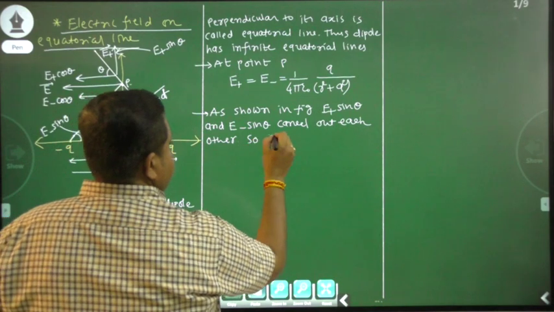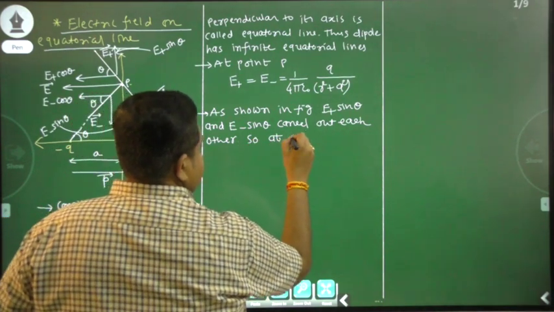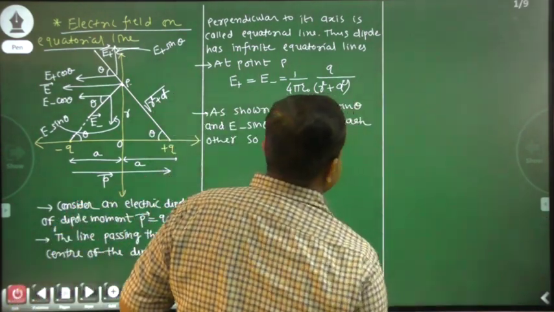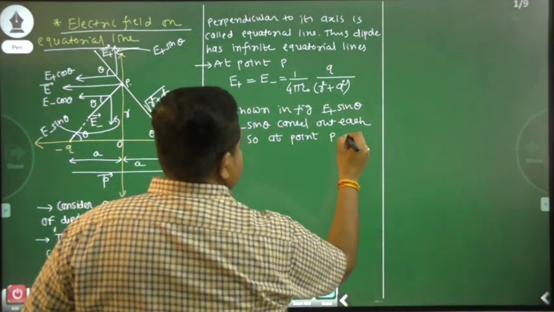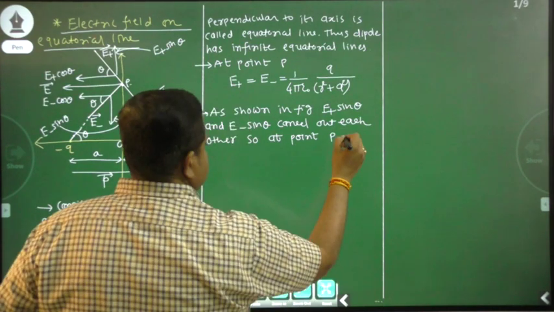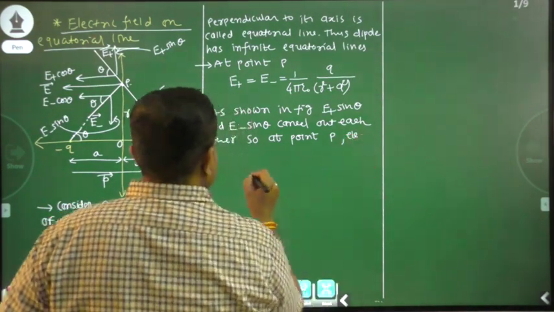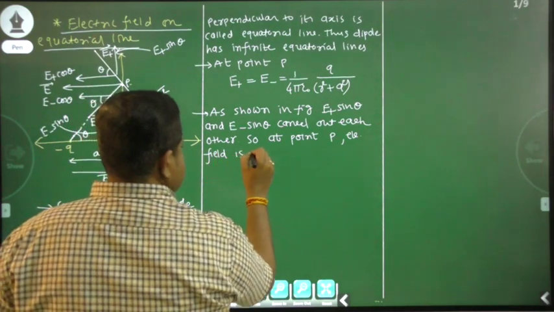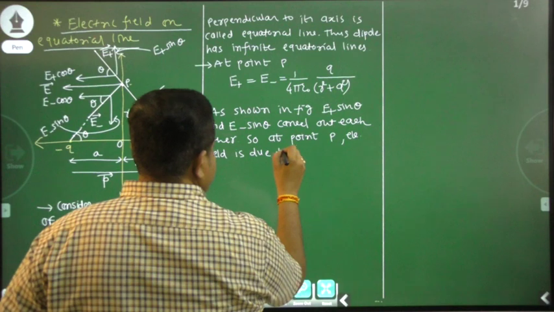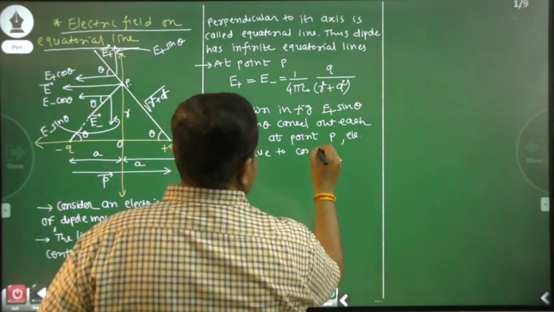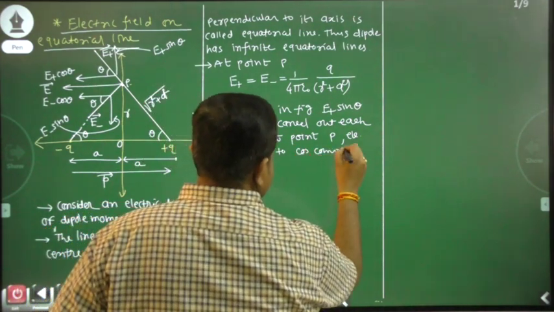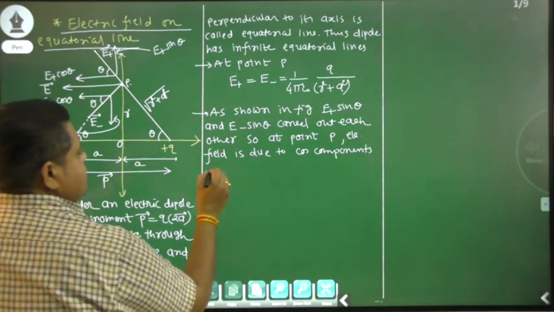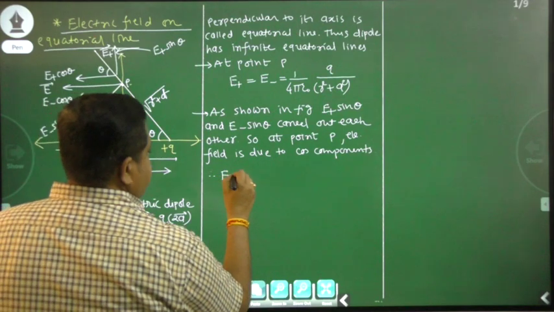So at point P, the electric field is due to the cos components. Okay, so the magnitude of the resultant electric field is E plus cos theta plus E minus cos theta.